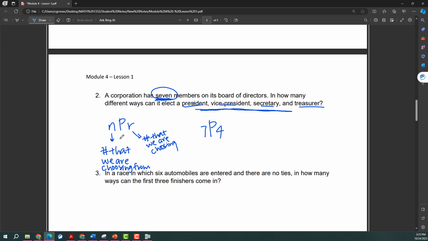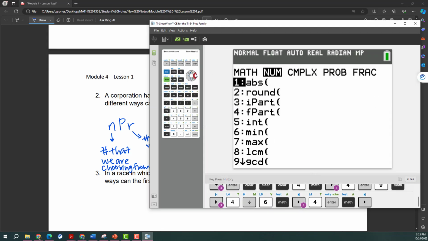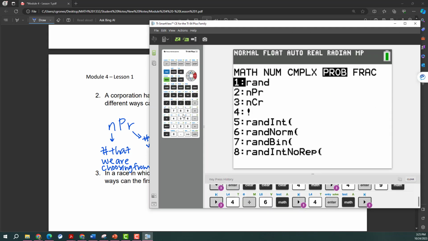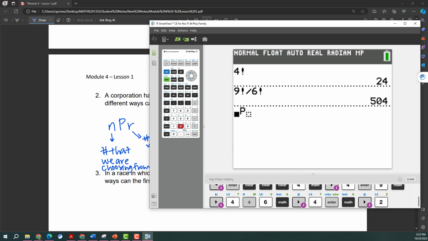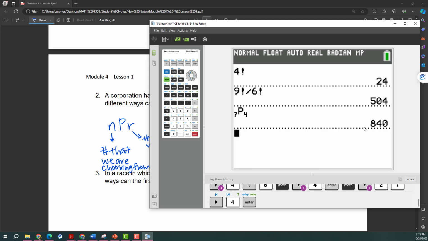And if that confuses you, just remember that the bigger number always comes first and then the smaller number. So math, probability, and then nPr. And then we would do 7, and we're picking 4. So 840 different ways that we could do that.